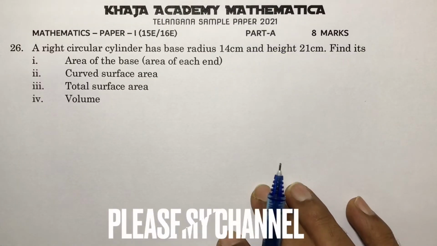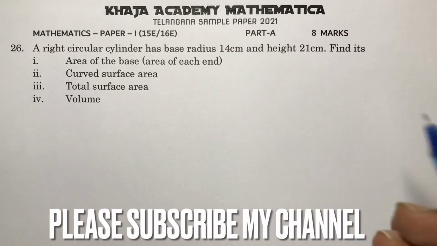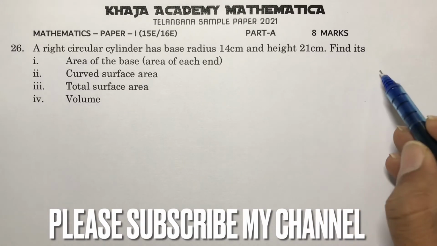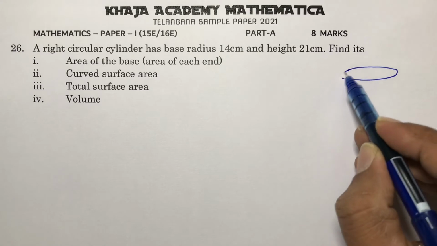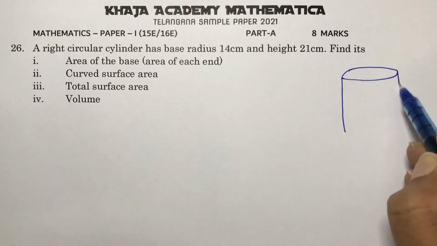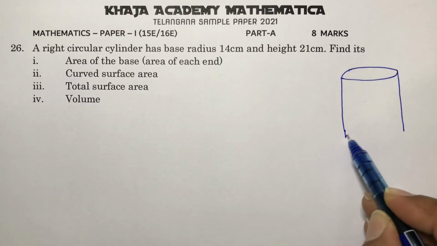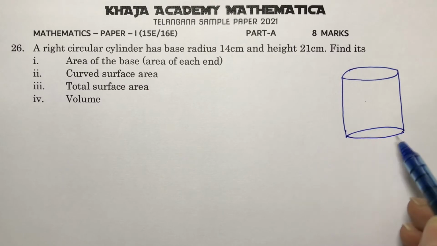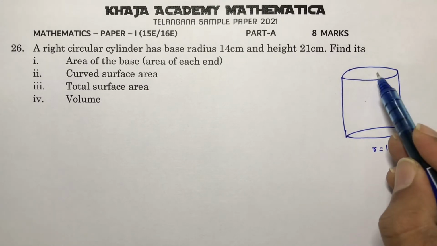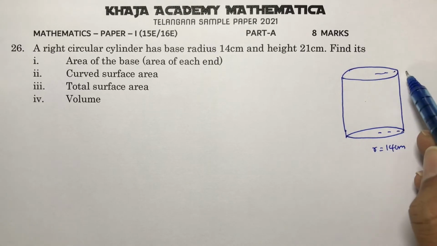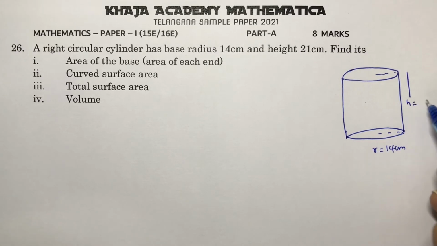A right circular cylinder has a base radius 14 centimeters and height 21 centimeters. So for the cylinder, radius is 14 centimeters and height is 21 centimeters.